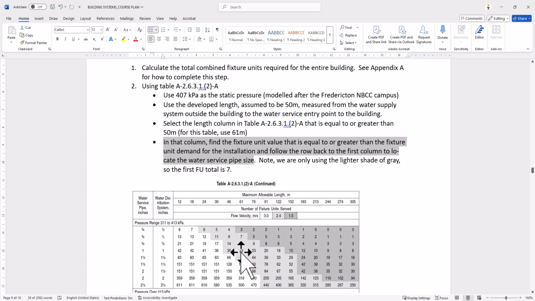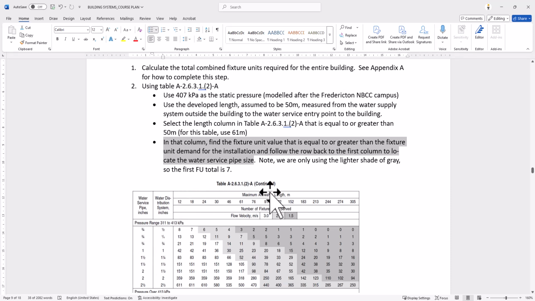So we're going to go down to 25. This number here, if we go over to the left, corresponds to the water service pipe. Our water service pipe will be 1-inch size, which is quite small for this type of building. Usually it would be either 1.5 or 2, but for the purpose of doing this, we're just going to say it's a 1-inch pipe, right?